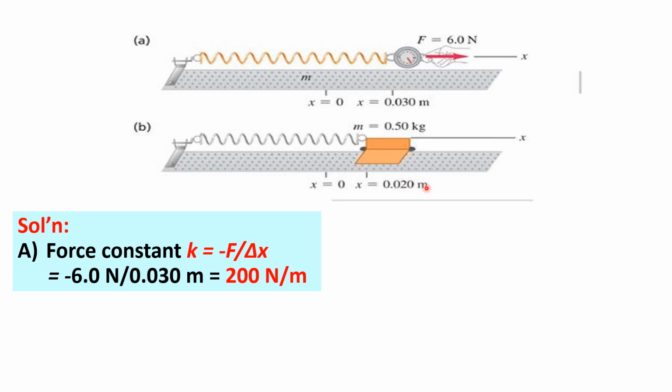And then from rest, we release the glider, and since it is attached to the spring, naturally the glider will move to the left because it is being pulled by the spring in the leftward direction.